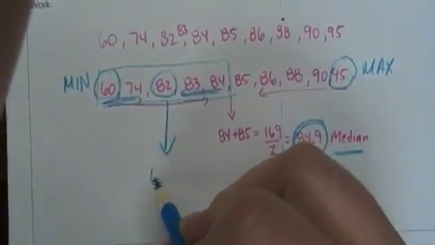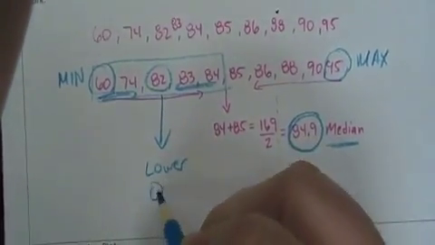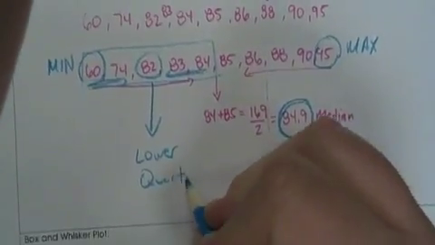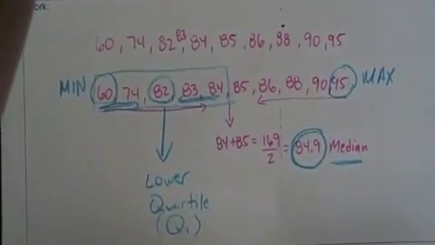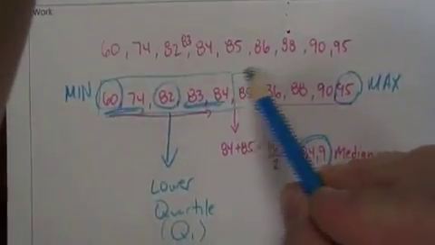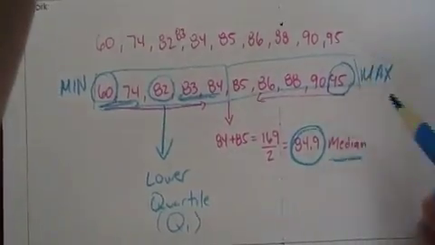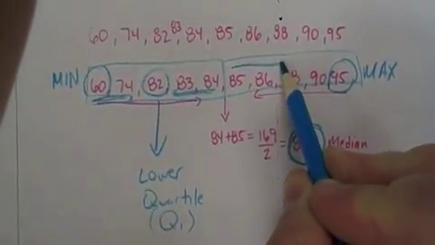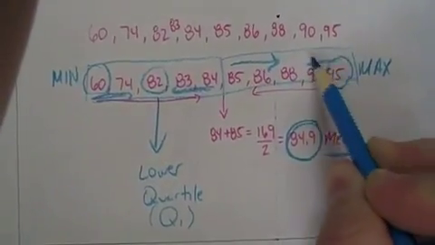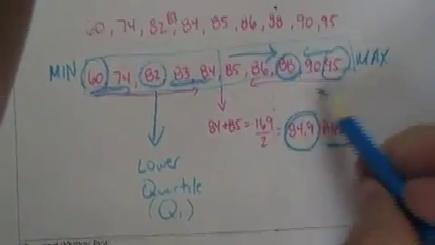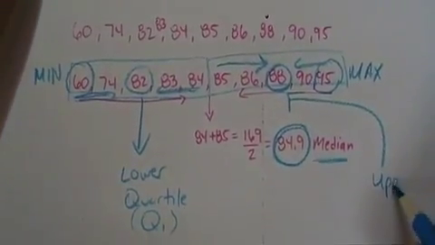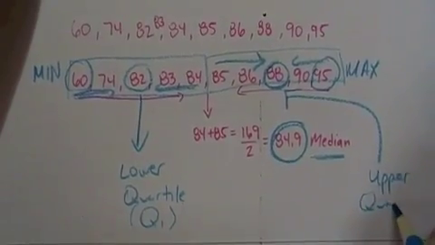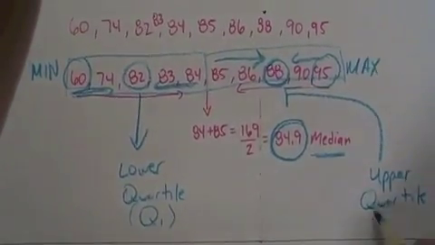This will be the lower quartile, or Q1. Then you do the same thing to the right half of the data. I'm going to go 2 this way, and 2 this way, and 88 is going to be my upper quartile, or Q3.